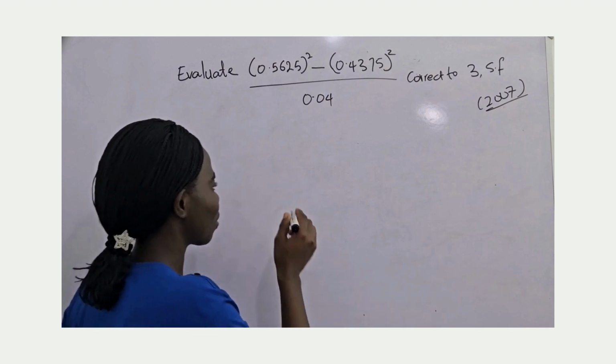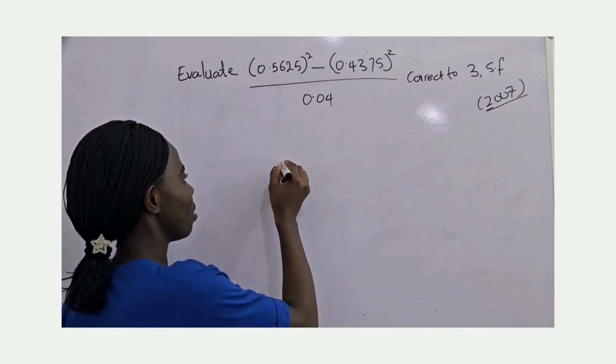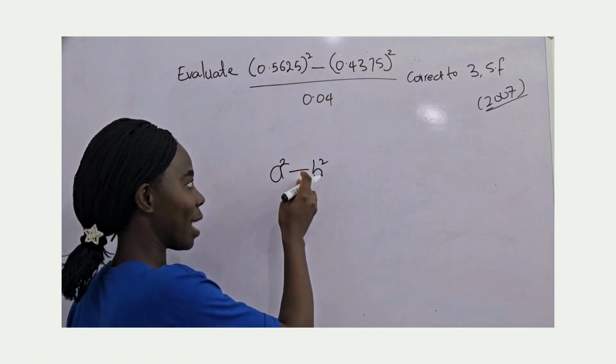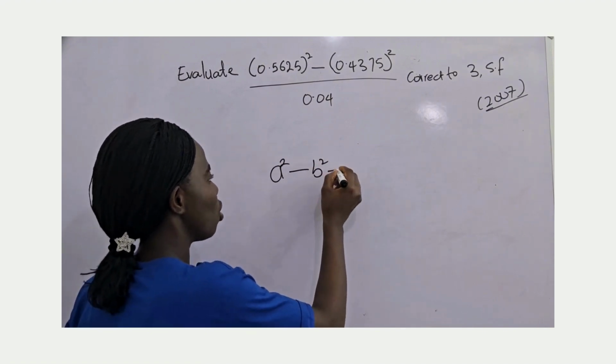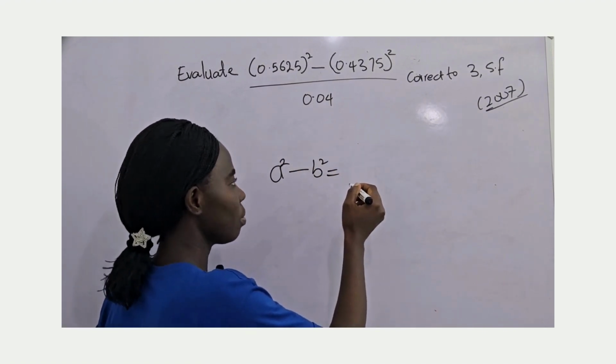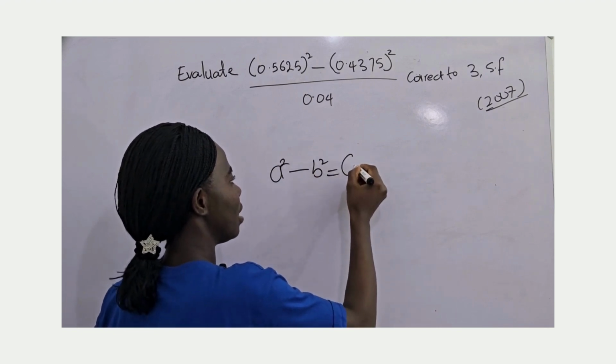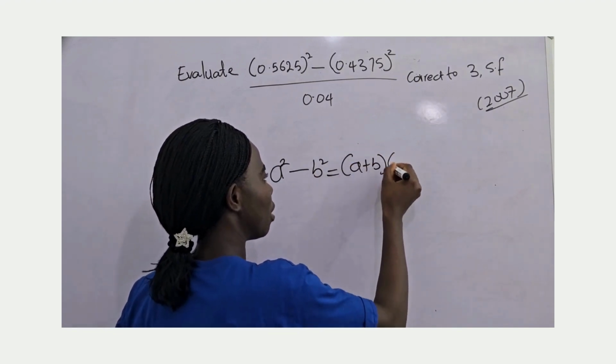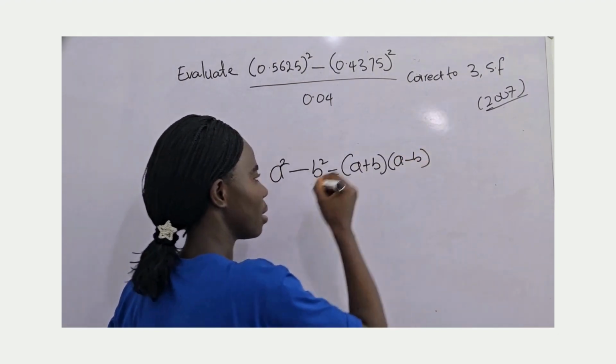The rule says that when you are to take a squared minus b squared, the square of a number minus the square of another number, that is also the same as taking a plus b multiplied by a minus b.